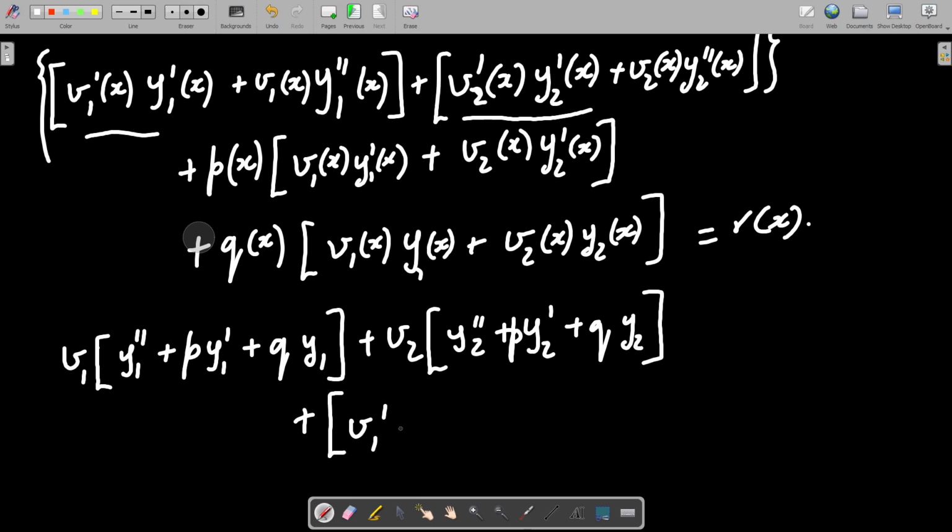We'll write them together only: v1 prime into y1 prime and v2 prime into y2 prime. And this entire expression is equal to Rx.